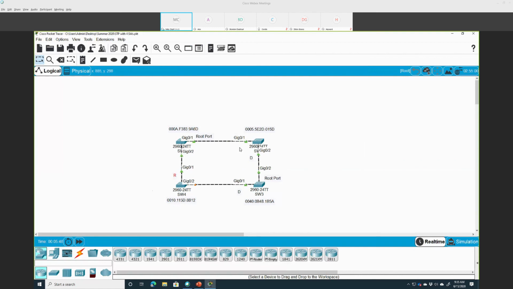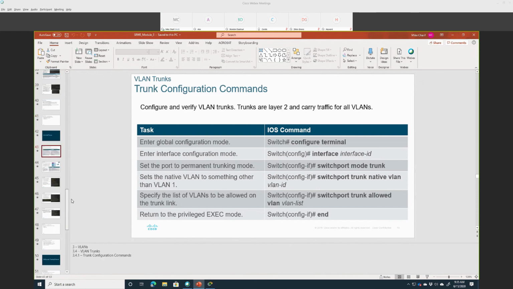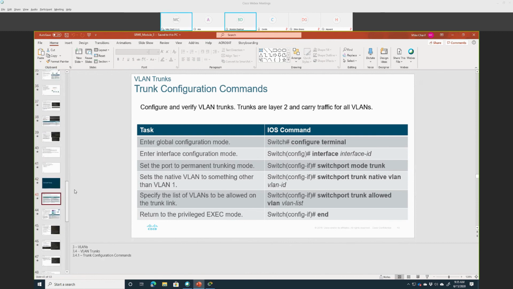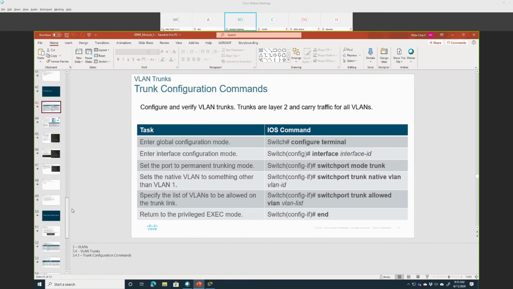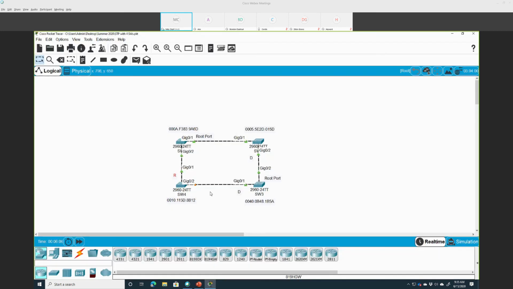And from the table we saw last time, how much is the cost for gigabit? It's 4. That's right. So I have 4 plus 4 is 8. If I'm here, 4 plus 4 is 8.